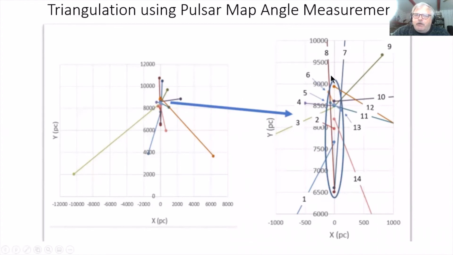I did get a pretty good plot there. So an ETI probably couldn't find the position in the galaxy using just the distances on that chart, but they would have a lot more accuracy with the angles and triangulating with angles.